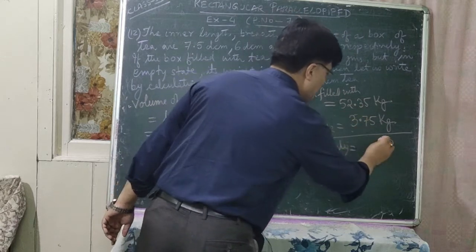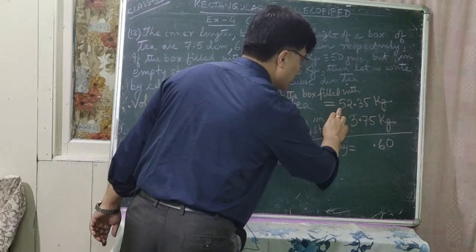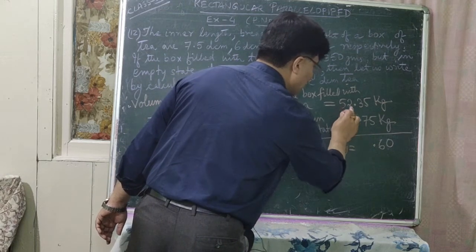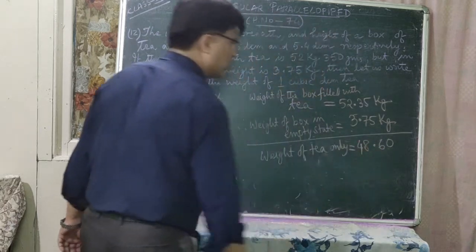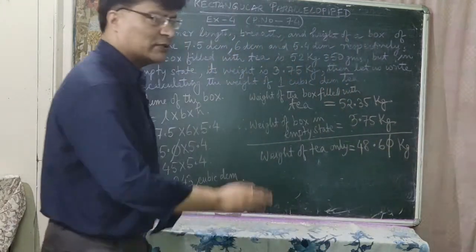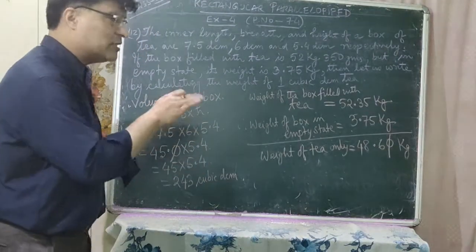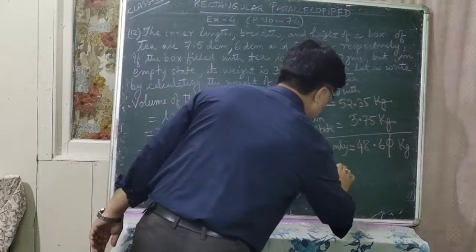This is 13 minus 7 is 6. Point. Now there is 1. So 11 minus 3. What is 11 minus 3 is 8, and this is 48 kilogram. So you can cancel this 0 because this is after decimal point. 0.60 is there, you can cancel that 0. So what is the weight of tea only?